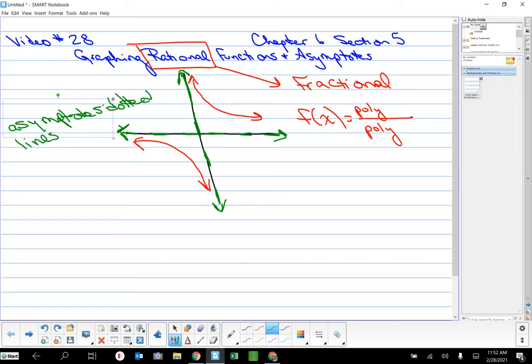And depending, if you have a graphing calculator, you're not going to actually see the dotted line, nor would you in Desmos. So, dotted lines drawn on a graph. They're also imaginary on a graphing calculator.